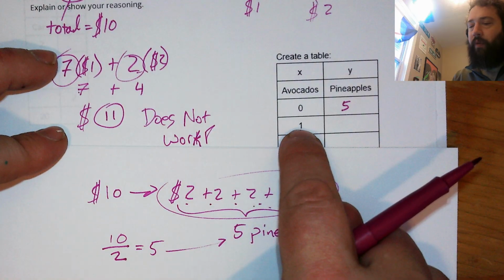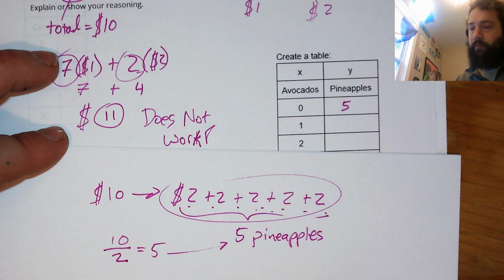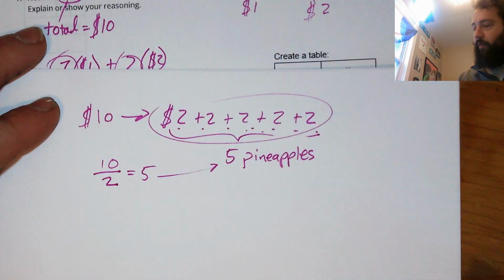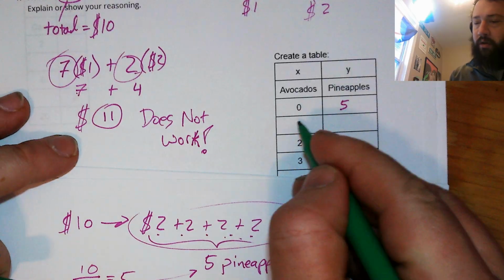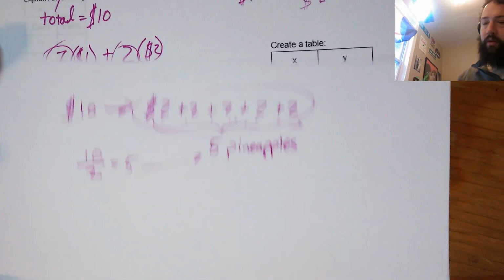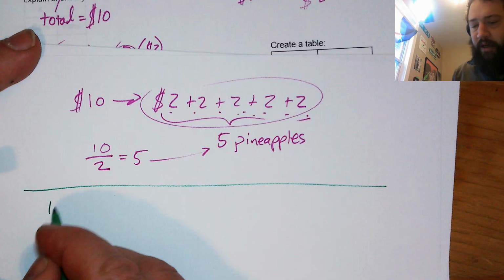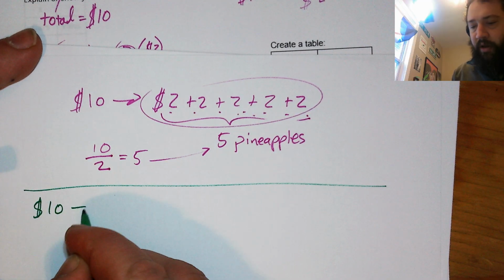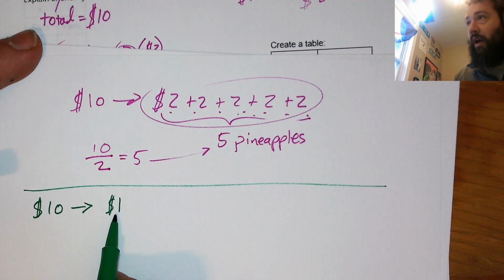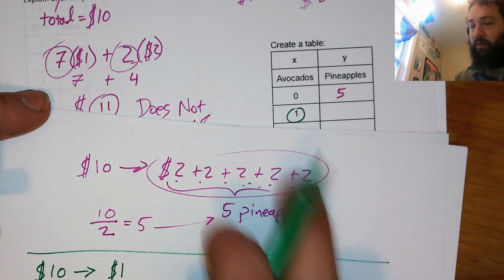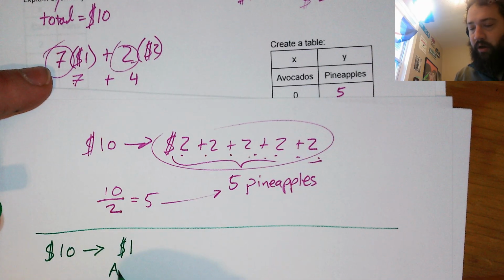Let's try 1. If I have 1 avocado. All right. So 1 avocado, I'll change my color here. I have $10 to use. And now I'm going to use $1 for my avocado, because I'm only getting 1 avocado.